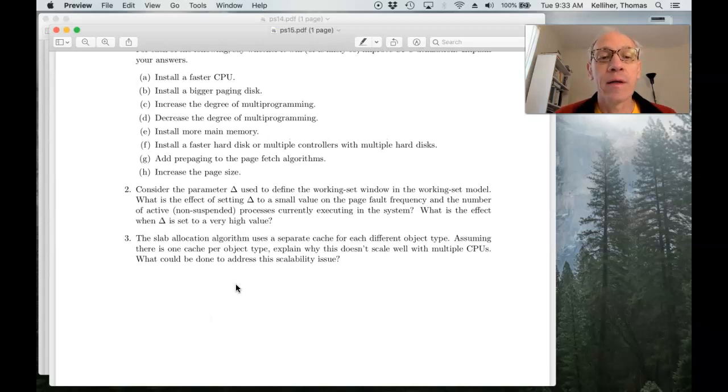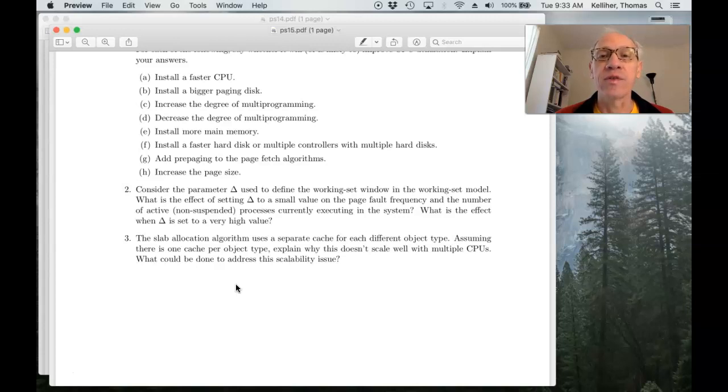keep in mind that the objects in this lab are being allocated and deallocated quite frequently. And each cache is a shared resource. Keep that in mind and think of the CPUs as being separate processes.